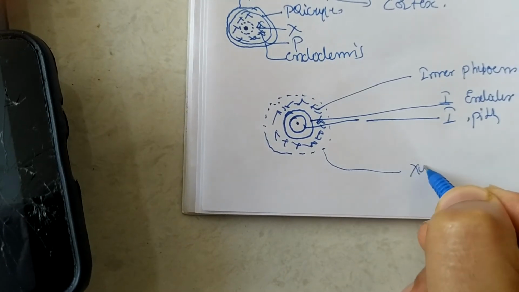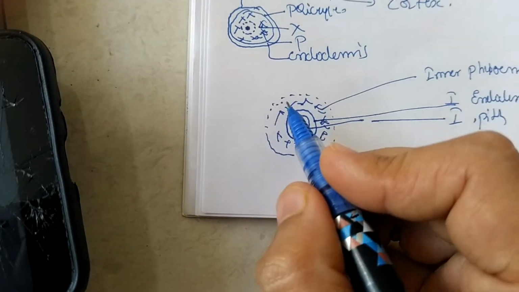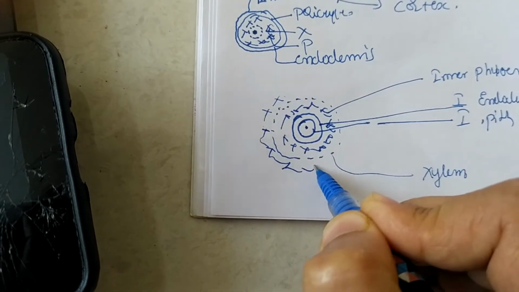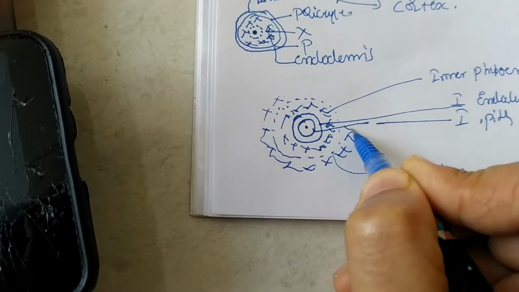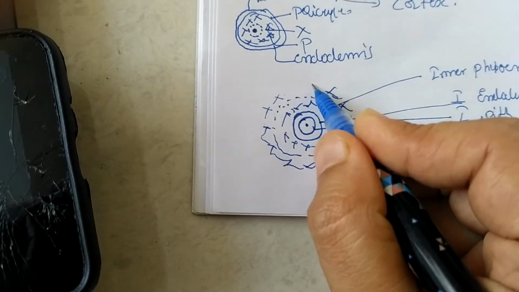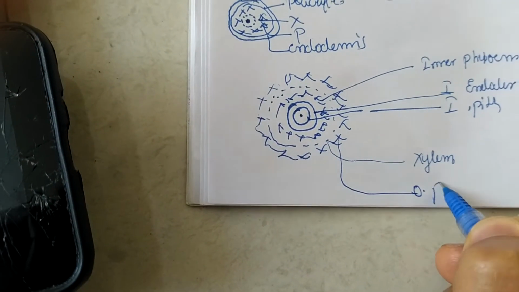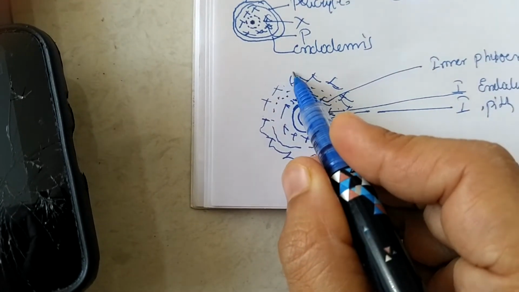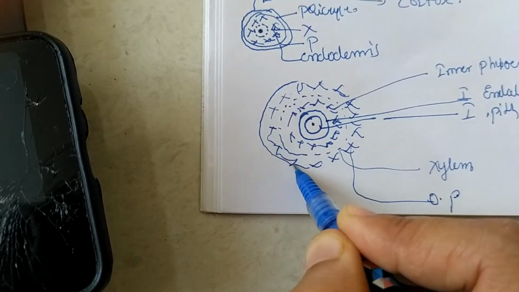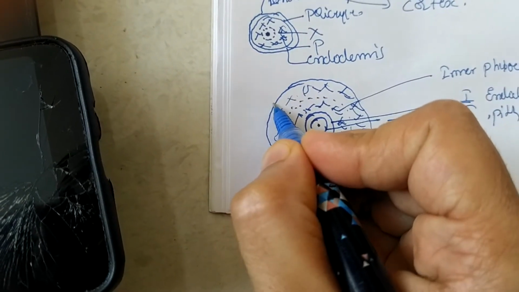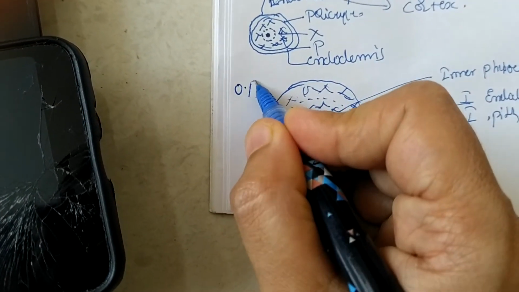So this is xylem. This xylem is surrounded by phloem again. This will be now outer phloem. This outer phloem is surrounded by pericycle. This will be outer pericycle.